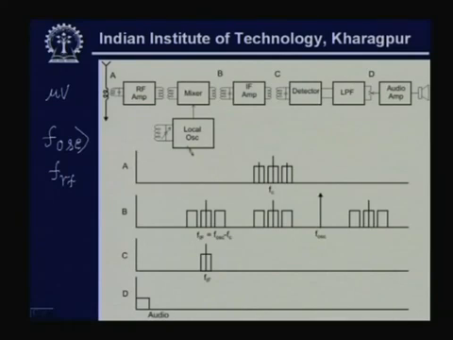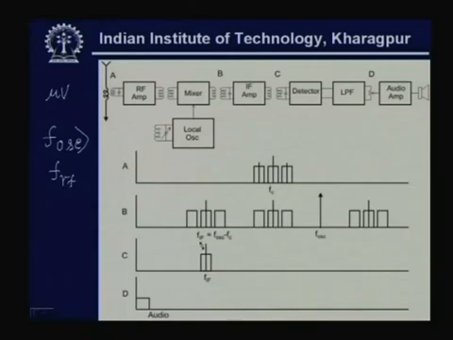Now, whenever you do the mixing with the help of a local oscillator which has higher frequency than FRF, that is why it is called super heterodyne. If this oscillator frequency is less than the RF, then it is not super heterodyne. Whenever you mix FOSC with this modulated carrier, you will get a frequency spectrum like this.